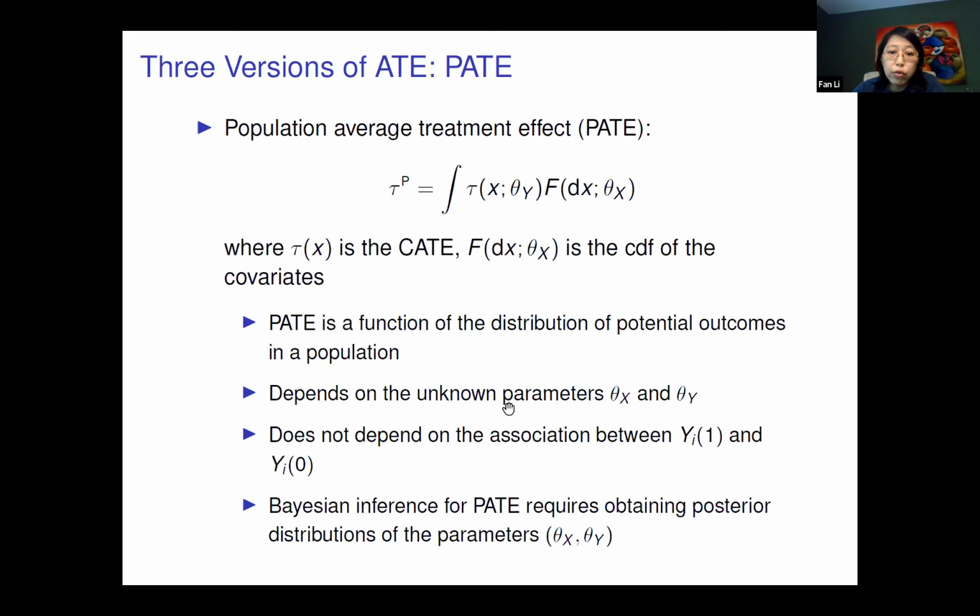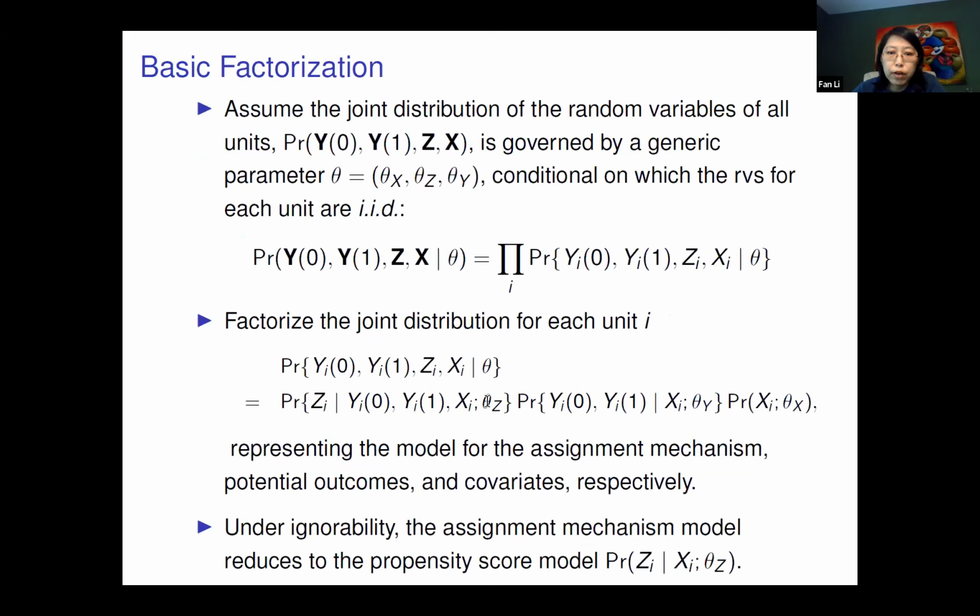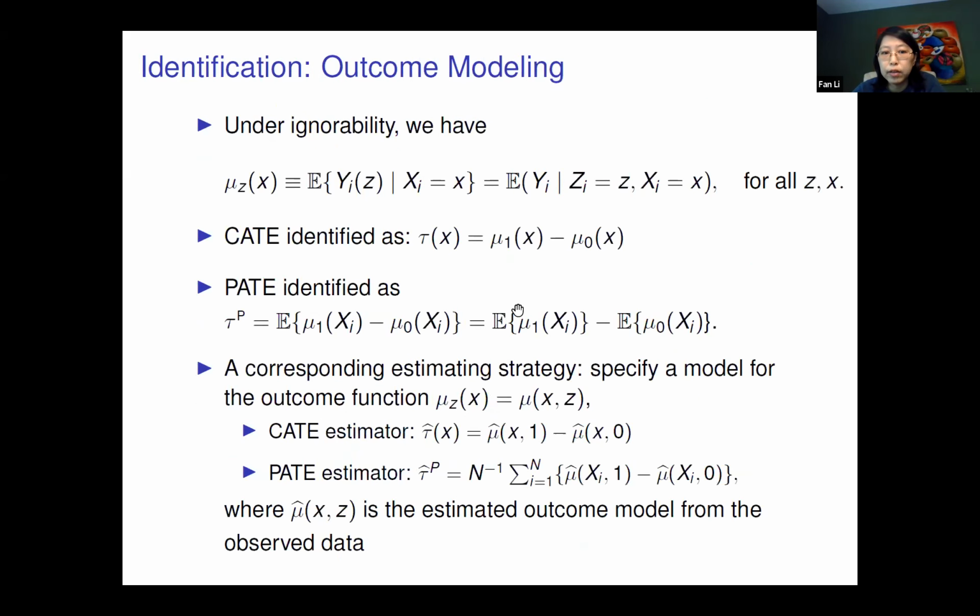Also, if you look at the definition of PATE, you can write it as the expectation of mu1 minus the expectation of mu0, because it is additive. It doesn't depend on the association between Y1 and Y0.